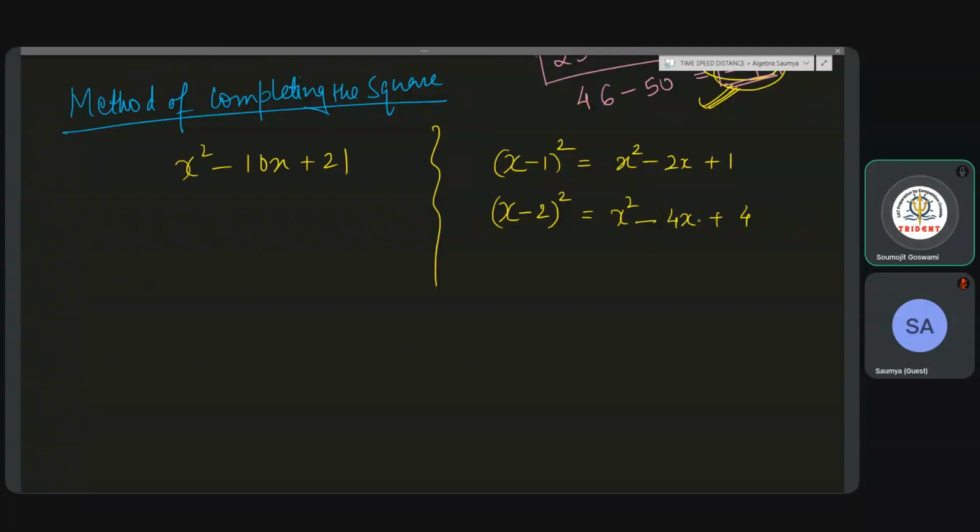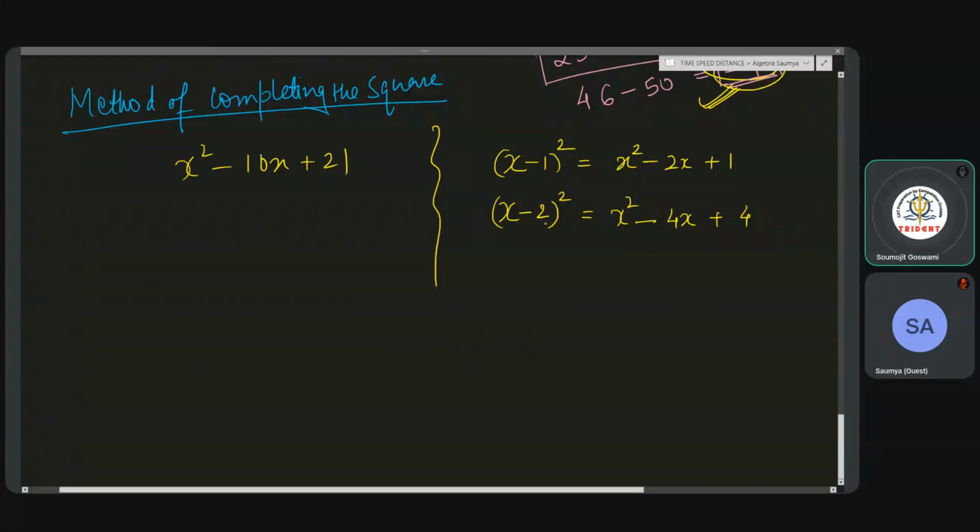Now typically what I'm finding is that whenever I have an equation like x minus 2 the whole square, just pay attention, the middle term is twice of that.